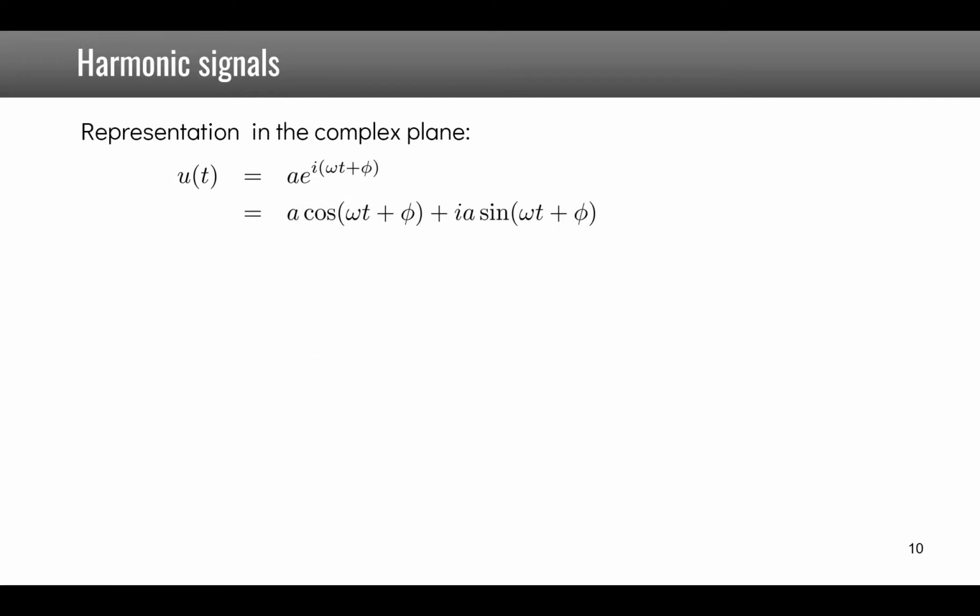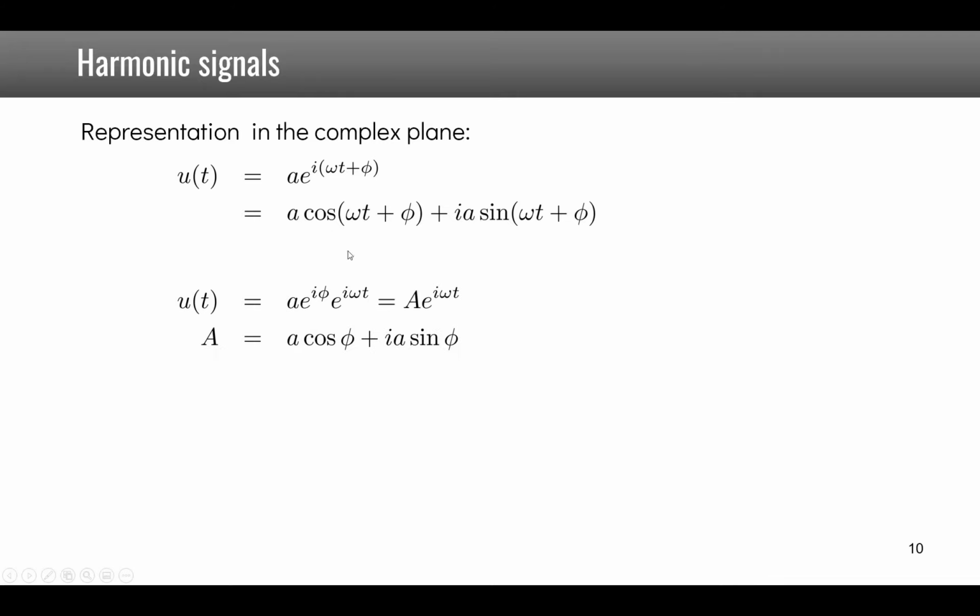We are going to use a representation of these harmonic signals in the complex plane. It consists in writing your signal u of t as a real amplitude multiplied by an exponential with an imaginary exponent. We know from trigonometry that this expression is equivalent to a real part made of a cosine function and an imaginary part made of a sine function.